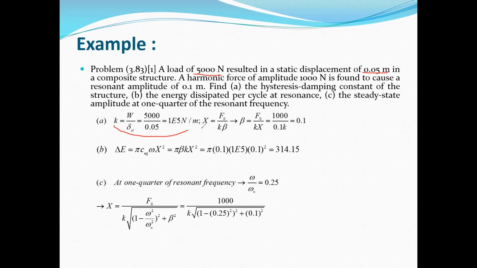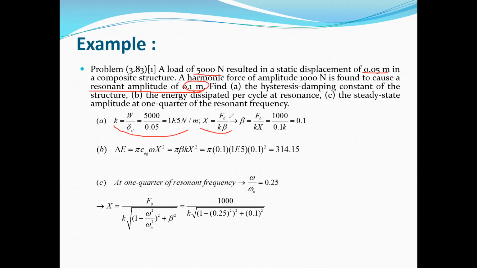Then we can calculate the maximum value, because the resonant amplitude is 0.1, and we know that the maximum amplitude happens at resonance and is equal to F naught divided by K beta from the previous slide. So F naught divided by K beta is equal to 0.1 meter.